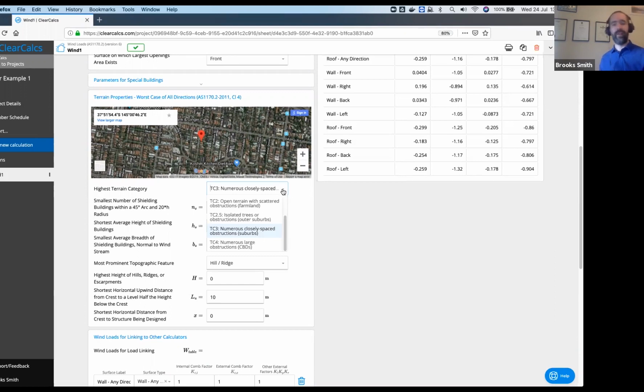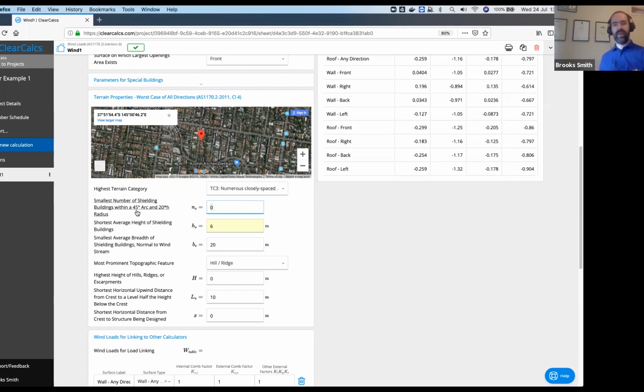So terrain category, this is very clearly just an inner suburb, numerous closely spaced obstructions or buildings. So terrain category 3. There's shielding buildings in every direction. When you're entering in omnidirectional values like this, you will take your worst case of all directions. In this case, every direction is essentially the same.